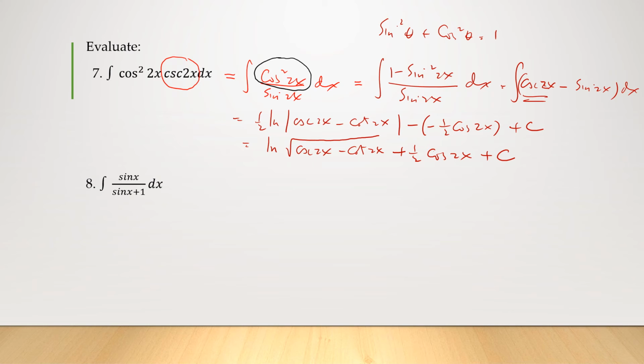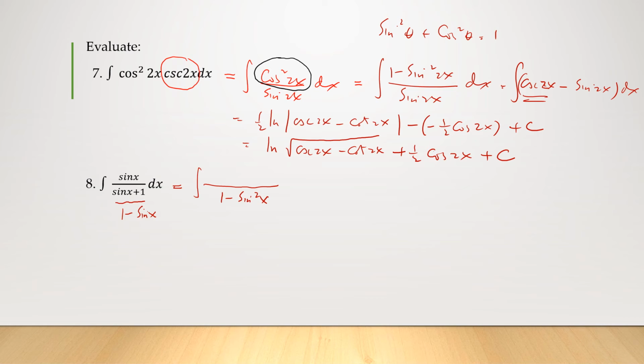Next, the integral of sine x over sine x plus 1 dx. Alright, so what do we do here? We have 1 plus sine x. If we multiply both numerator and denominator by 1 minus sine x, our denominator will become 1 minus sine squared x.